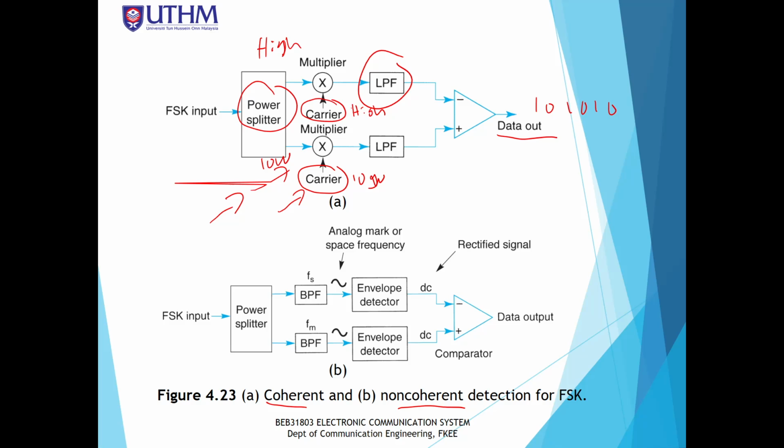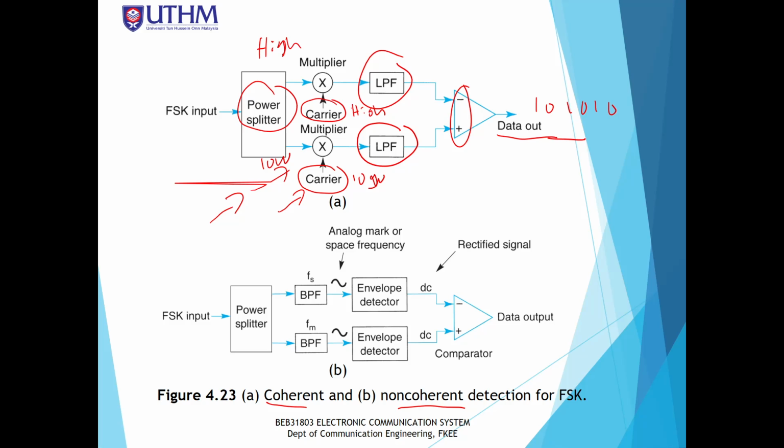And then when we multiply the signal, kita akan dapat upper sideband and also the lower sideband. So we can use the filter to select either one. Dalam kes ini dia pilih LPF, so dia akan pilih lower frequency signal, and then dapat outputnya, and then we gonna add both of this, jadilah data output.